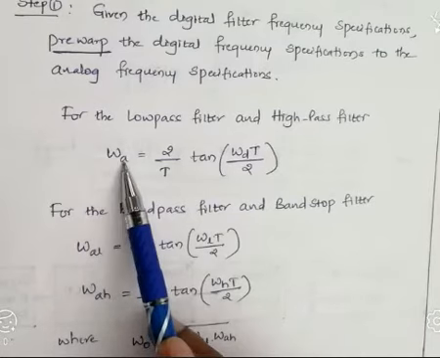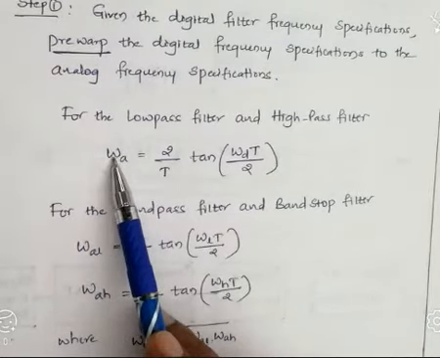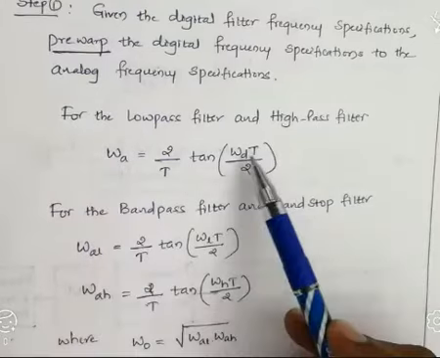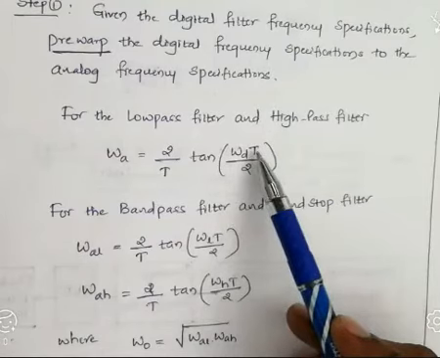A stands for analog frequency, omega stands for the frequency component, T stands for the sampling period, and omega D is the desired frequency of the digital filter. By using this formula, we are converting a digital low pass filter to an analog low pass filter.